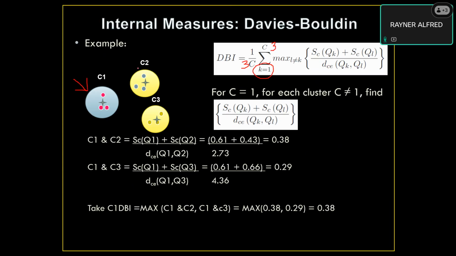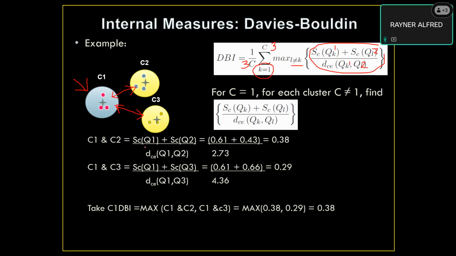So what we want to do is, you look at this formula. That means we are running for all the other clusters. We do this one first, and then we do that one. So let's do between C1 and C2.